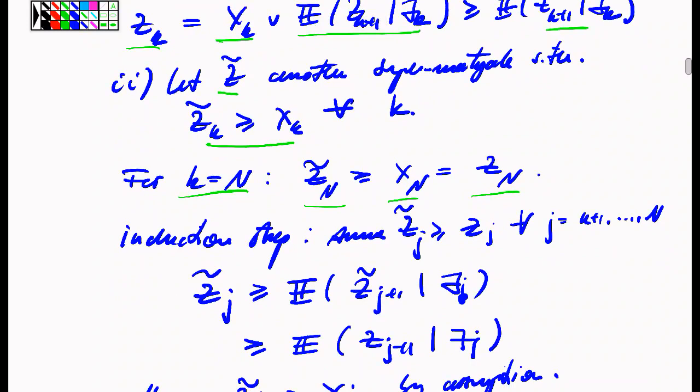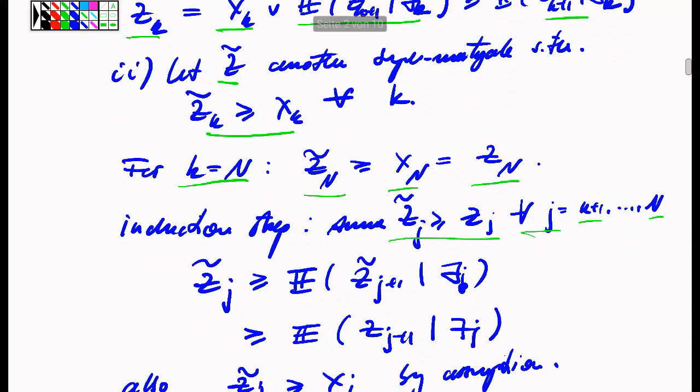Now for the induction step, assume that we had shown that Z tilde is already greater or equal to Z for all indices j from terminal time down to time k plus 1. And we want to make sure that this is now also true for j equals k. So then Z tilde j, by the supermartingale property of Z tilde, is greater or equal to the conditional expectation of Z tilde at j plus 1 given Fj.